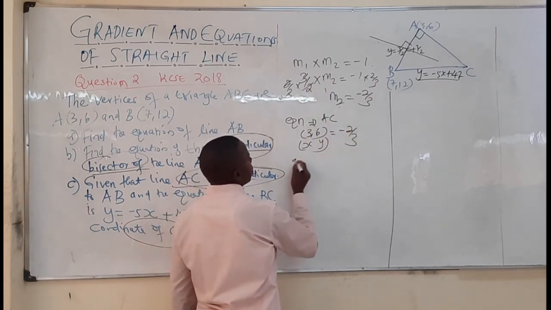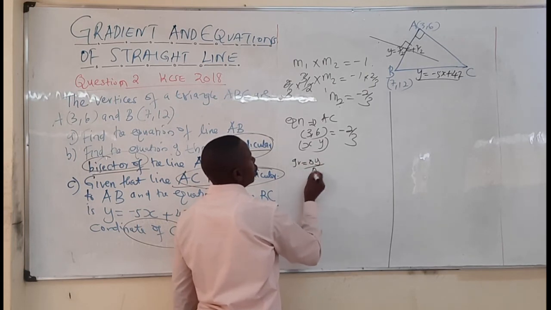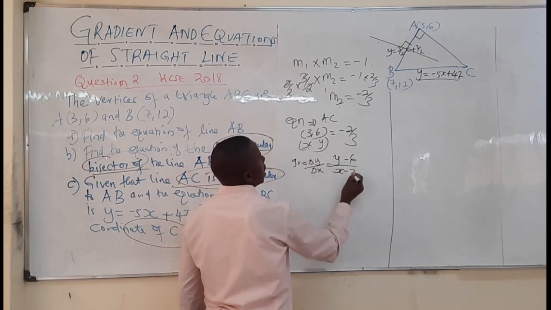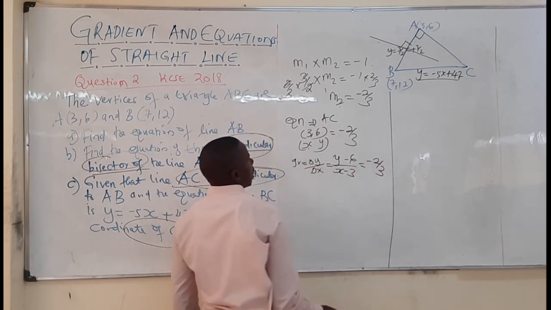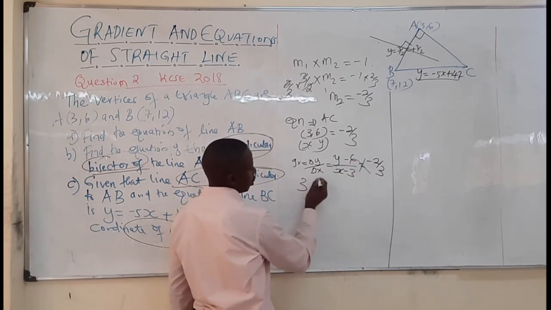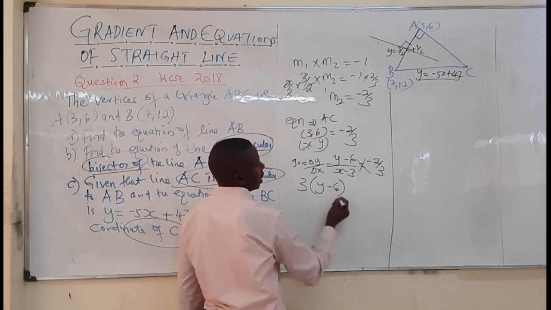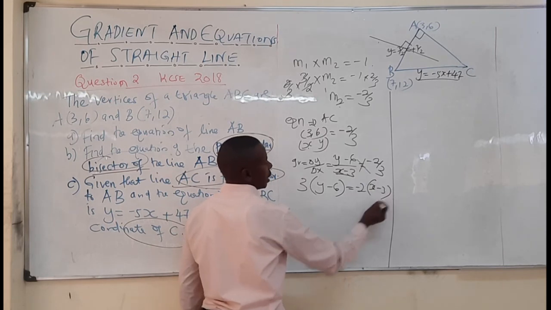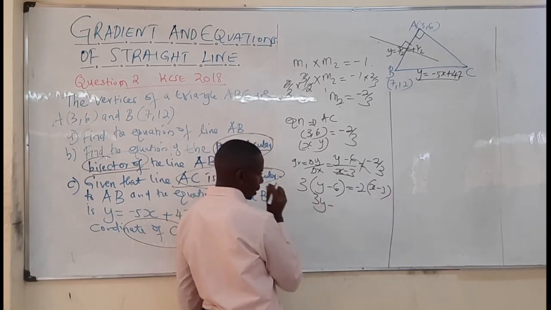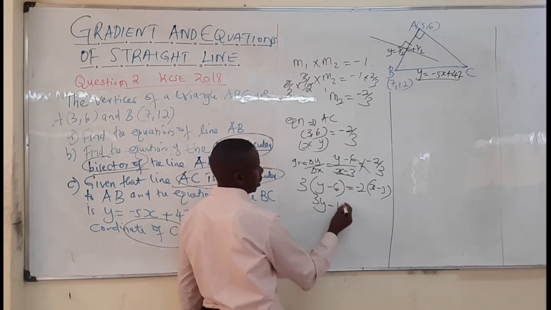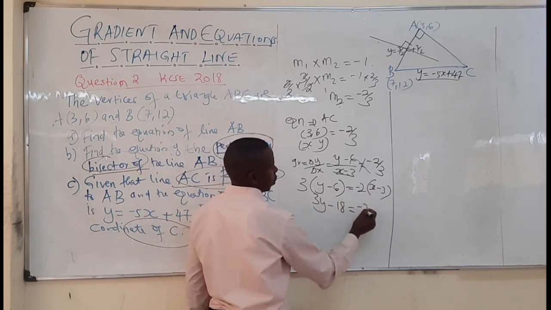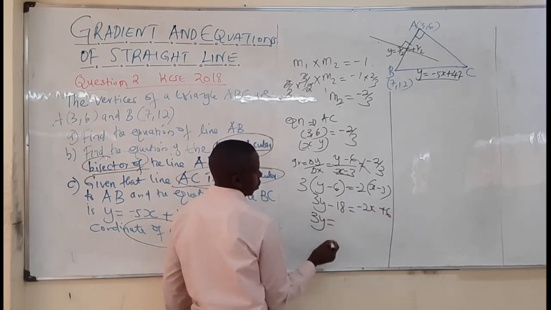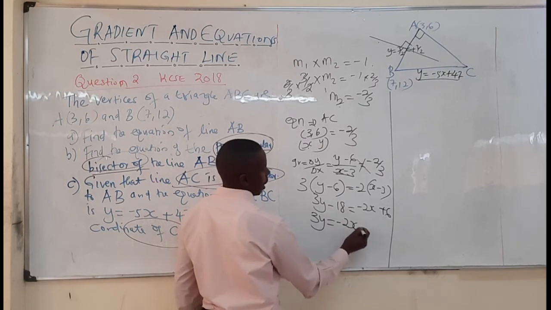Then the gradient is given by change in y over change in x, that is y minus 6 over x minus 3 is equal to minus 2 over 3. Then we cross multiply to get 3 times (y minus 6) equals minus 2 times (x minus 3). So 3y minus 18 is equal to minus 2x plus 6.